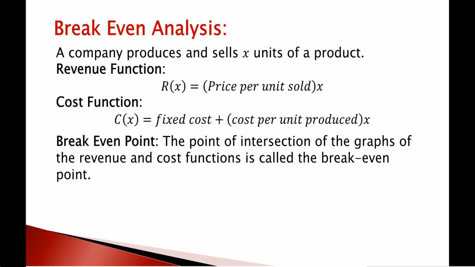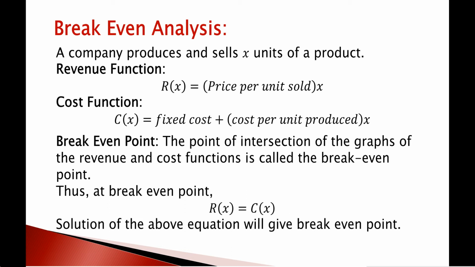The break-even point is the point of intersection of these two functions, the revenue function and the cost function. That means break-even points are those points where the cost of the products and the revenue of the products are equal. So basically at the break-even point, my R of X, that is my revenue, is equal to my C of X, that is cost. The solution of this equation will give you the break-even points.